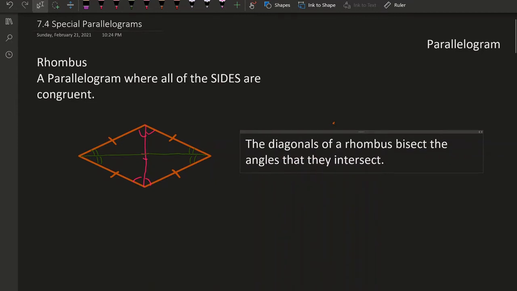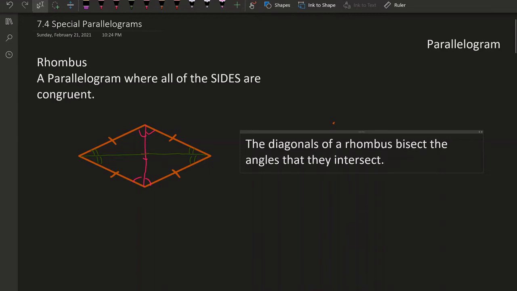Now, another thing that we notice about the angles of a rhombus is if we look at this closer now, we'll notice that we've split it up into 4 triangles.